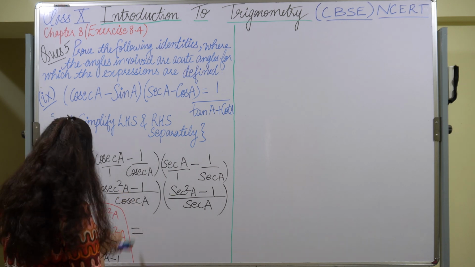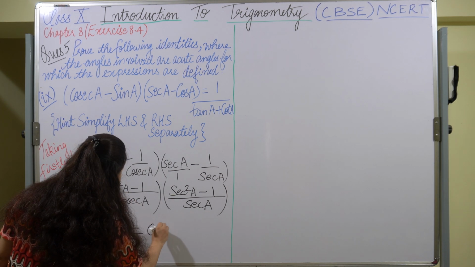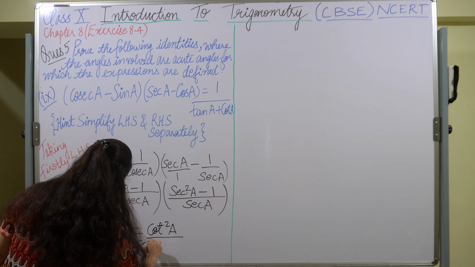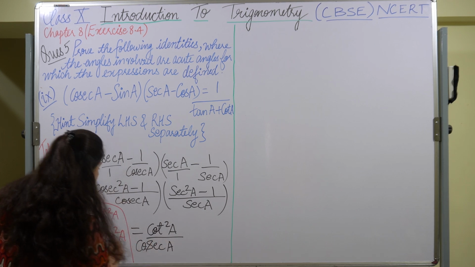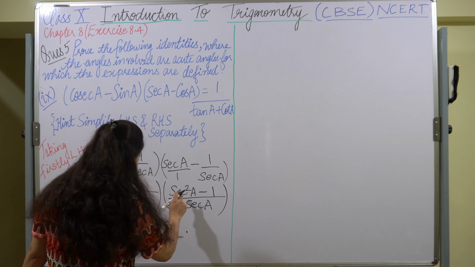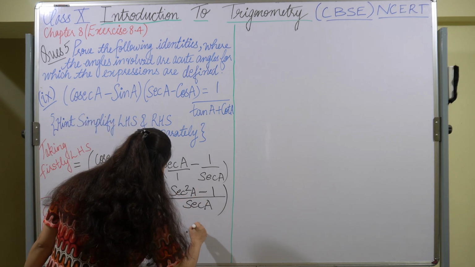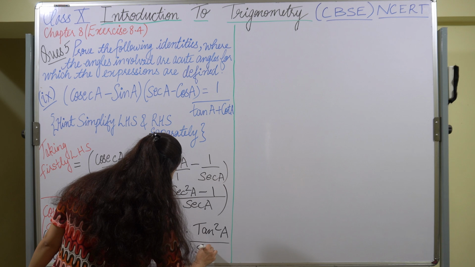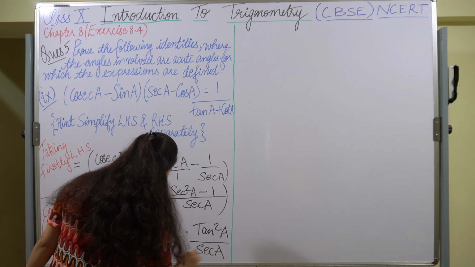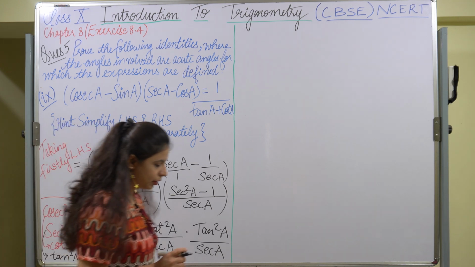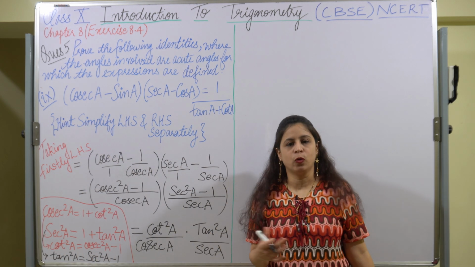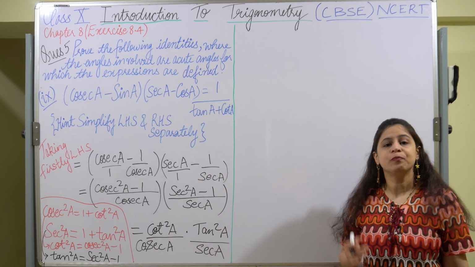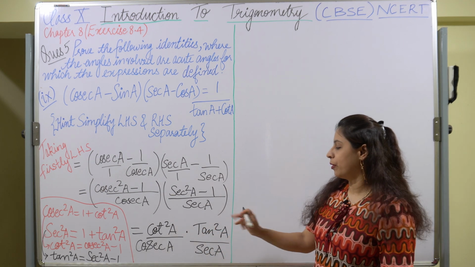Here I am getting cot square A upon cosec A, and from here I am getting tan square A upon sec A. Now cot and tan are reciprocals of each other, so cot square A can be written as 1 upon tan square A.